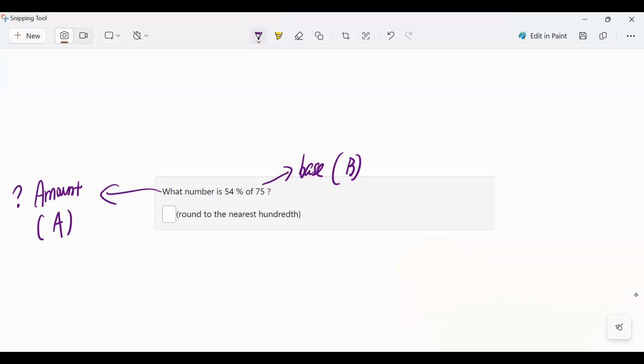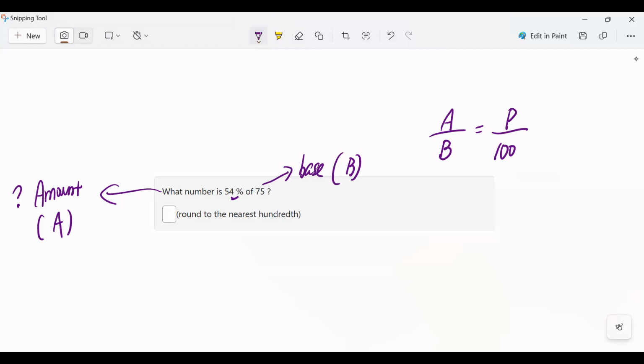So, and then we get a percentage, right? So basically, it works like this, right? So you do amount over base equal P over 100. And this is a standard way of setting up a proportion to solve for any unknown here, right? Could be amount is unknown, or base is unknown, or percent is unknown. We can always find that.